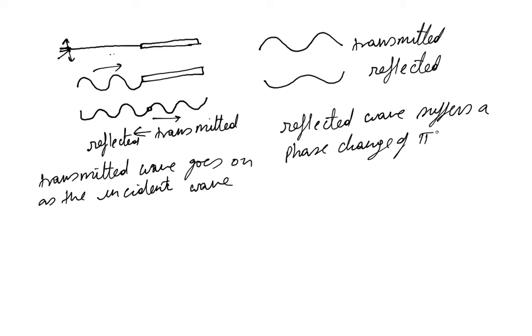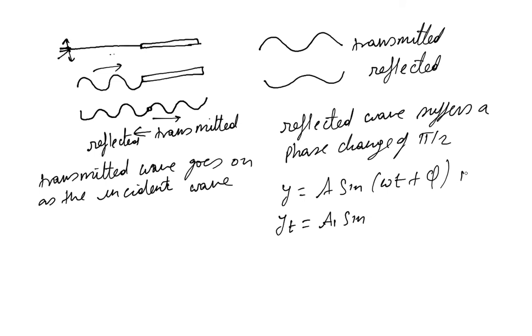What does that mean? It means if the initial wave was traveling and has the equation y = A sin(omega t + phi), the transmitted wave will just follow the same equation. So y transmitted will be nothing but some new amplitude, A1. It will have a different amplitude than the incident wave, but will follow the same kind of sine wave.